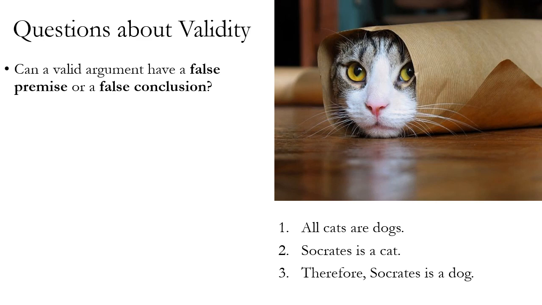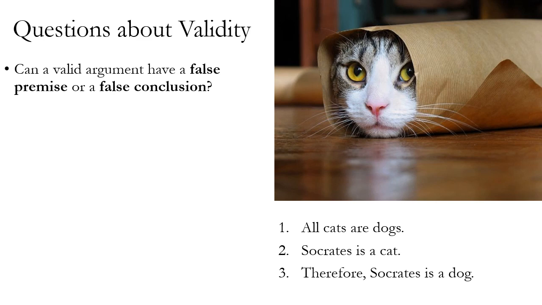So validity is sometimes described as truth preserving. When you put true premises into a valid argument, then the truth of those premises is preserved in the conclusion. The conclusion would also be true. If you look at this example, it has at least one false premise: all cats are dogs. And that's the only way an argument that's valid can have a false conclusion.